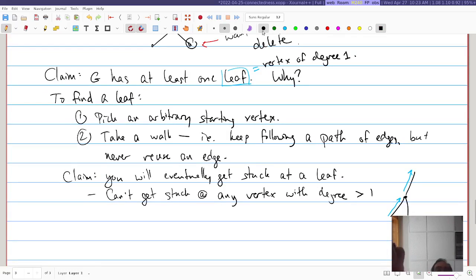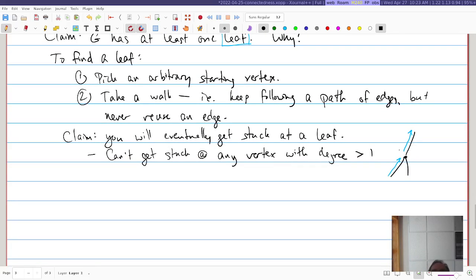Now, the other thing we might worry about is that I could get stuck at a vertex if I come back to a vertex that I've already been at and I've already used the edges that are there, right? Then I can't use them again. But that'll never happen. Why can it never happen that I'll come back to a vertex that I've already been at before?